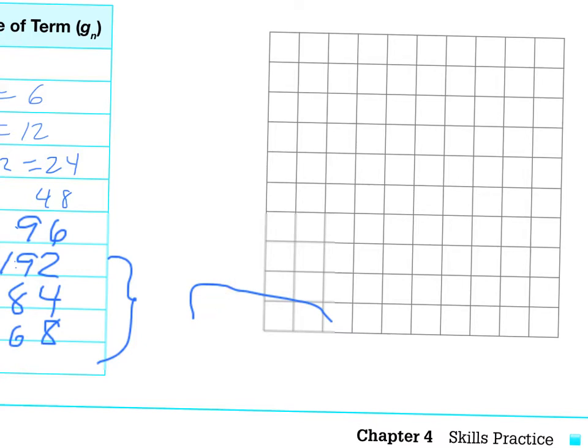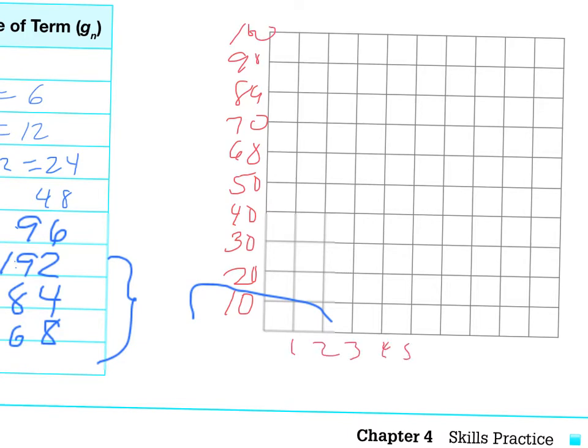Yikes, lost it. All right, I'll use red. So this will be 10, 20, 30, 40, 50, 60, 70, 80, 90, 100, and 1, 2, 3, 4, 5, 6, 7, 8, 9, 10.